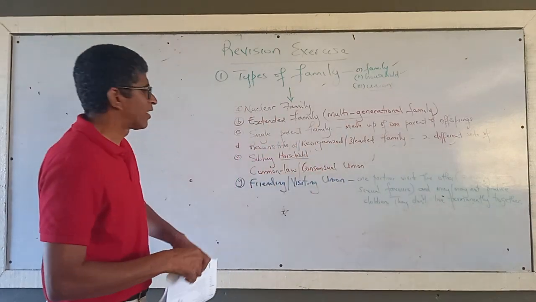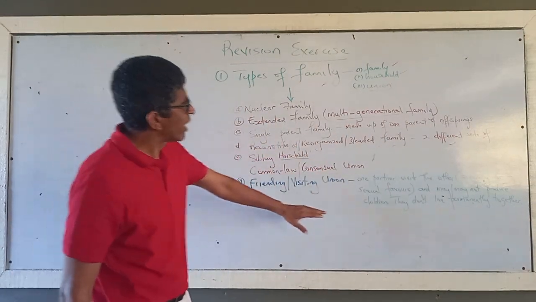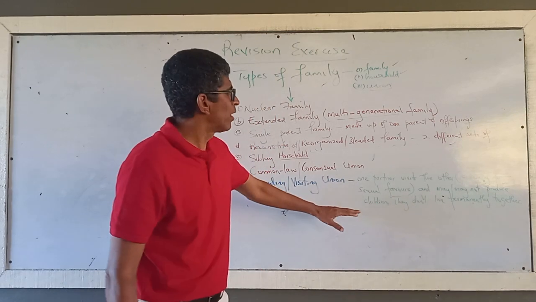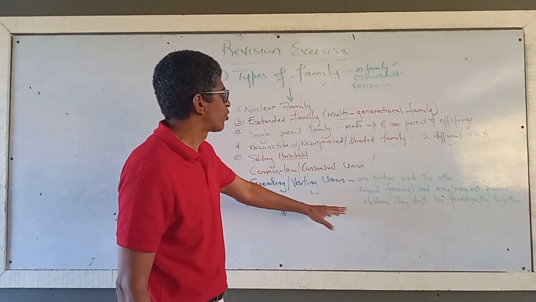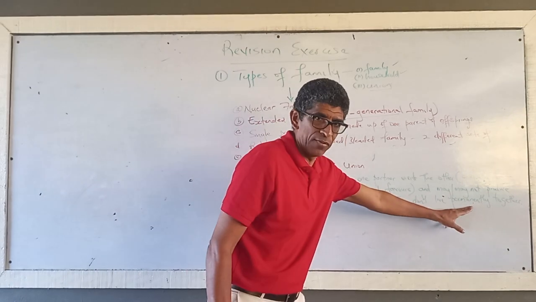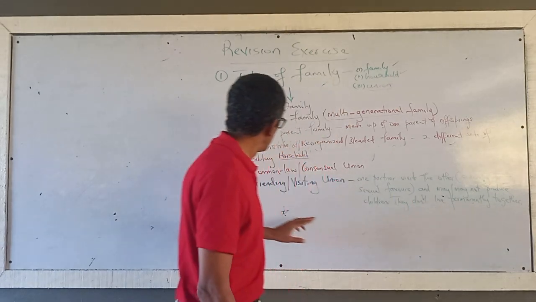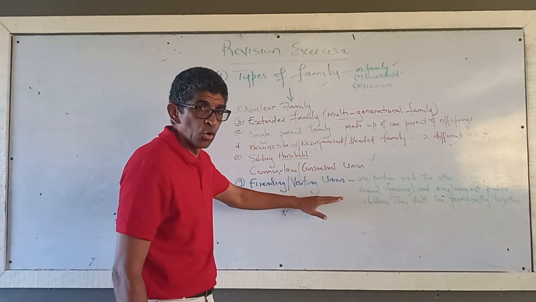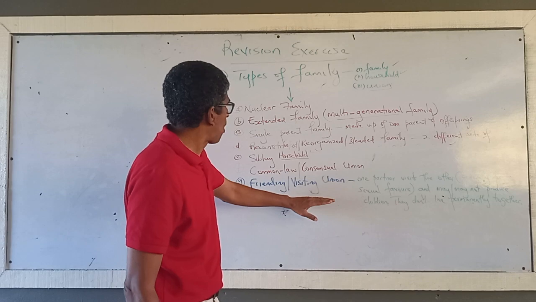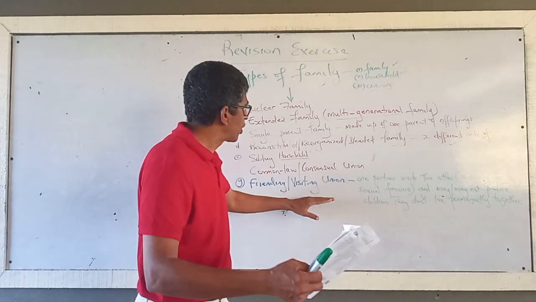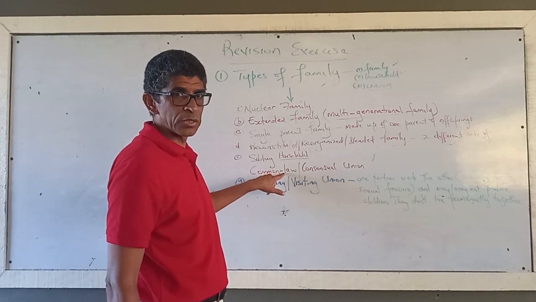Alright? So that's a visiting union. Anytime the relationship graduates where they start to live together, then that type of family no longer exists. It probably will change into a common law union.